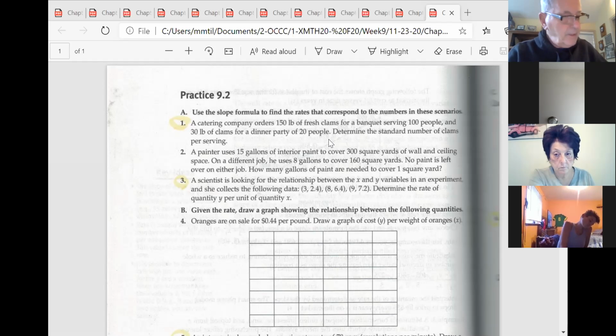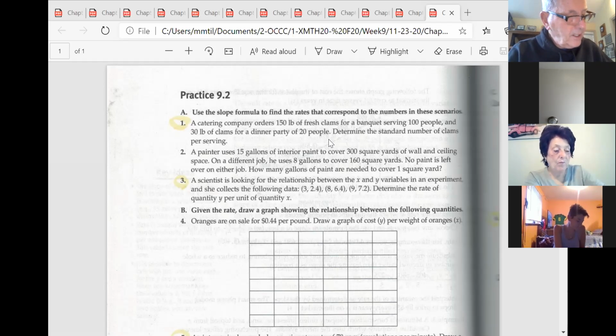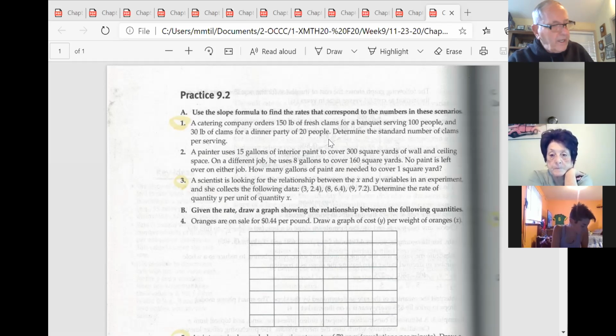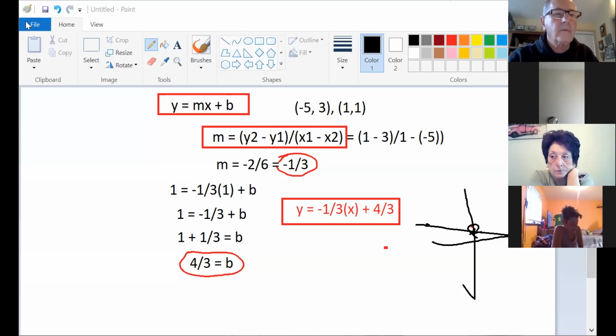Do you understand what I mean? It's clams and servings. So it ends up being 1.5 clams per serving, right? Do you want me to show you that? Does that make sense? So we just reinforce what we're talking about.